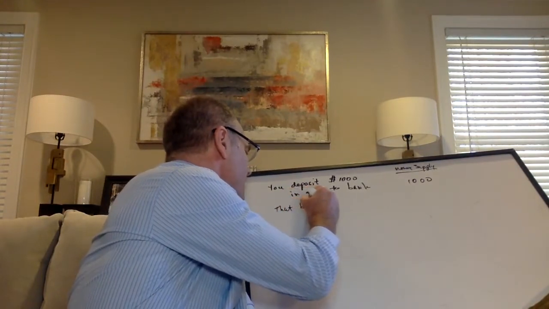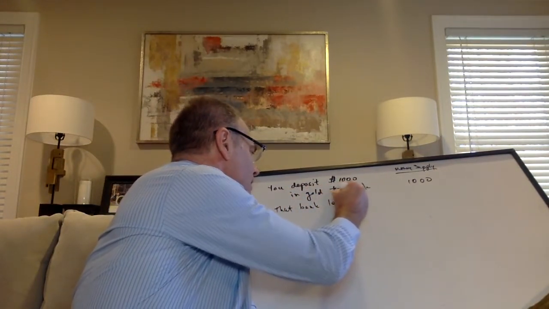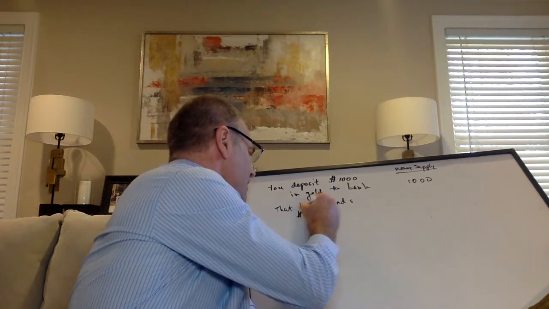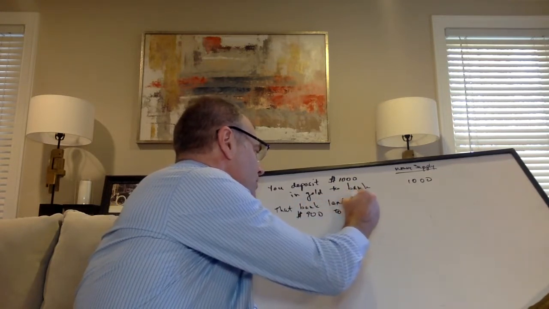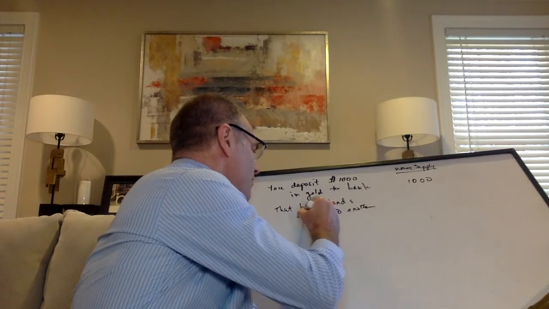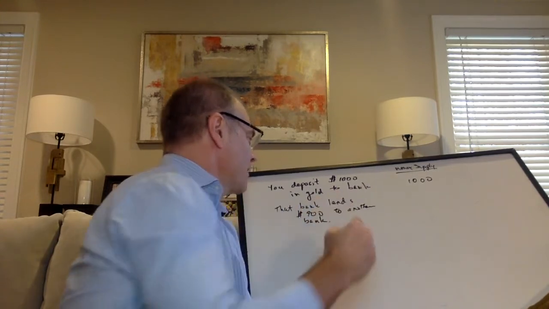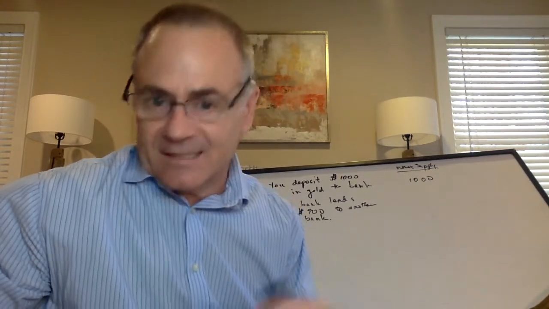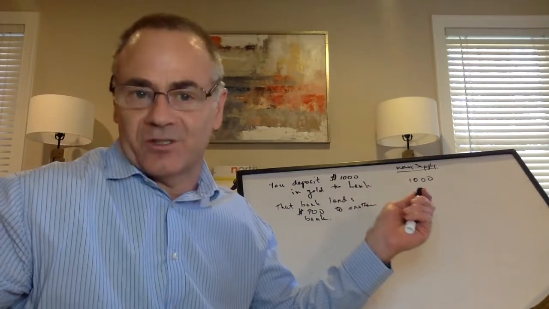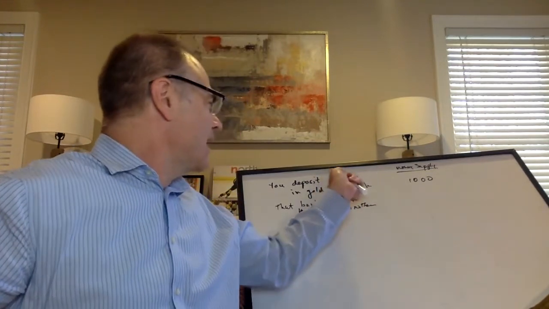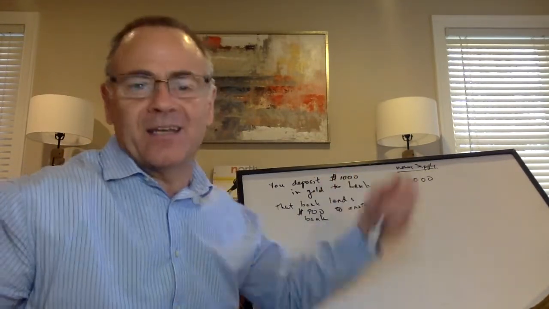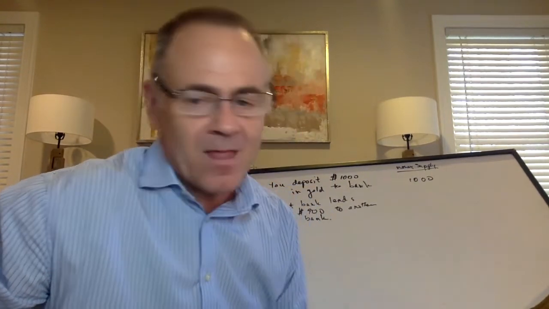Now let's suppose that bank, or that goldsmith, lends 900 to another bank. That second bank can do what it wants. Notice we use the 10% reserve requirement. So the first bank keeps 10% of that money in its vaults and lends out the other 900.